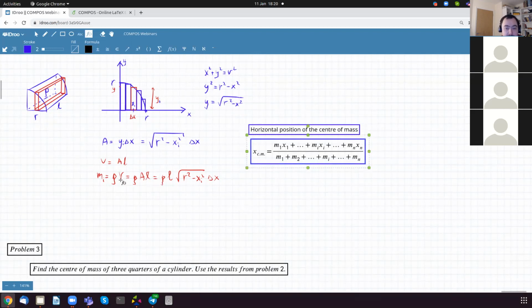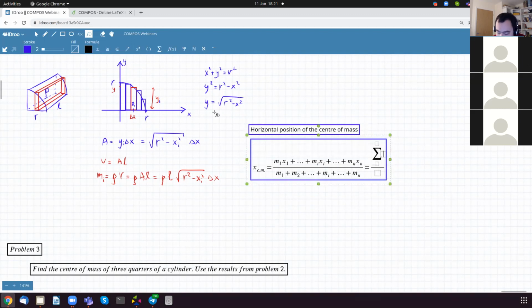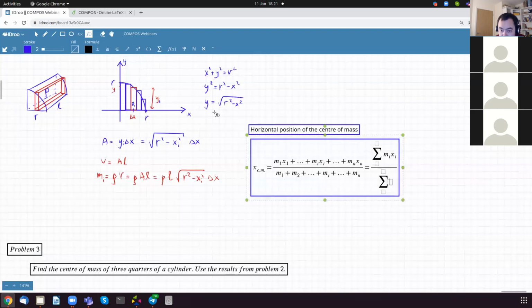Okay, but the ith mass is given by this expression. So simply put, we can find the sum of Mi multiplied by Xi divided by the sum of Mi. Okay, so that's that.